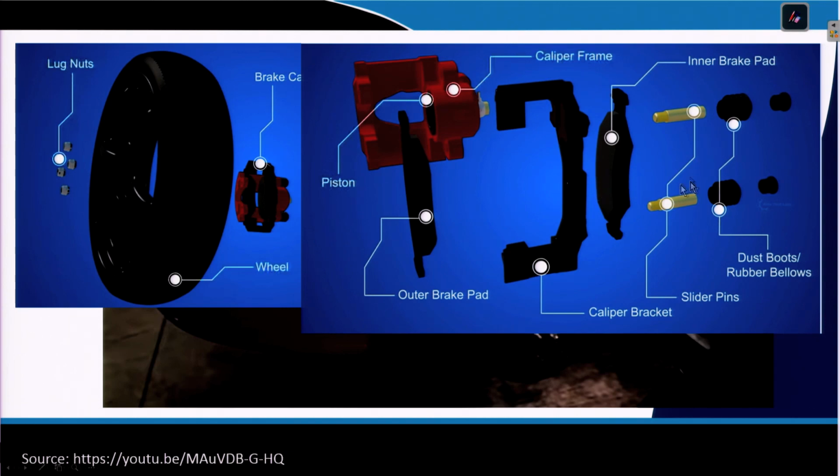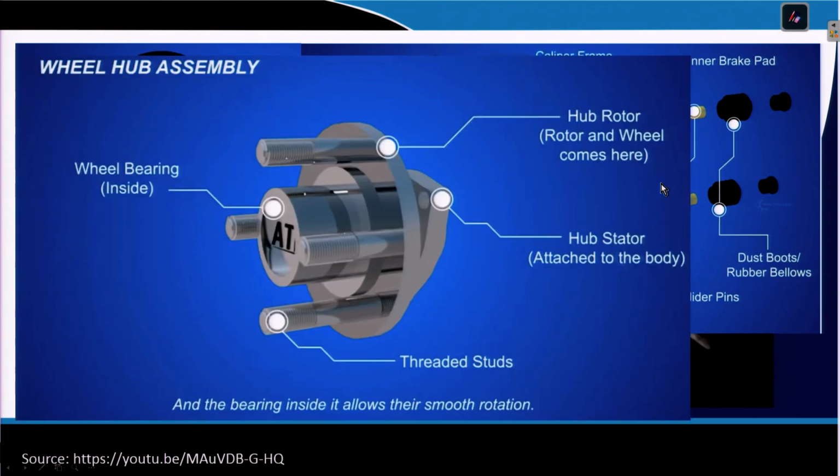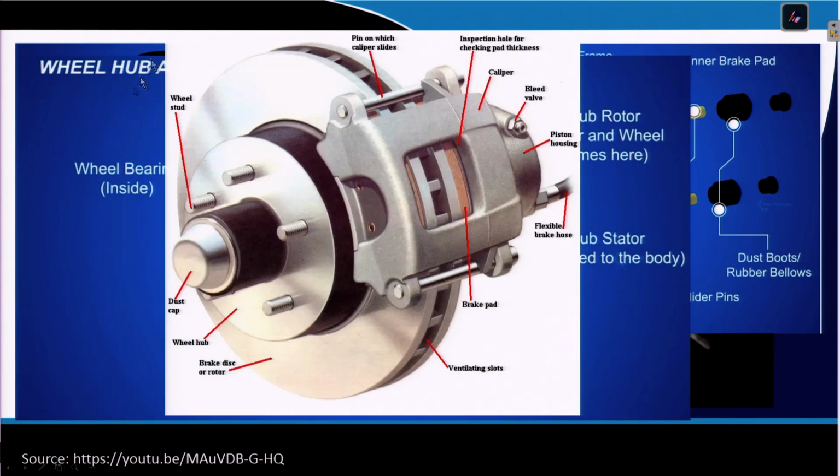Now, how do these components work exactly? In a particular wheel hub assembly, the disc can be operated hydraulically. In a particular brake, you can see the block with the brake pads inside, and a bleed valve from where any gas generated will go out.